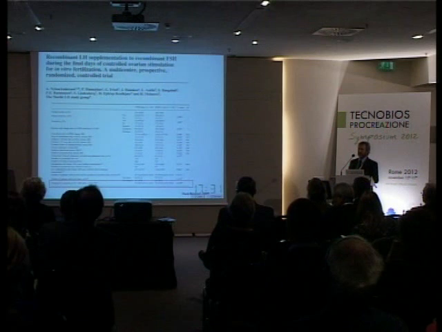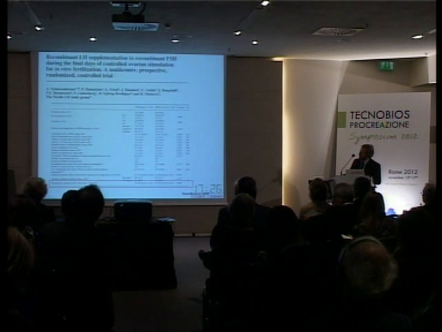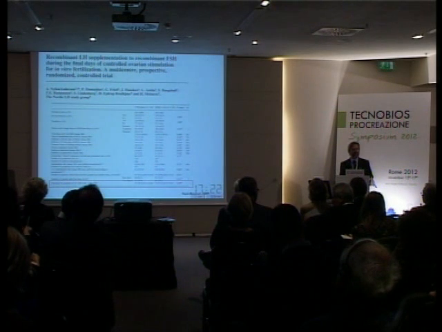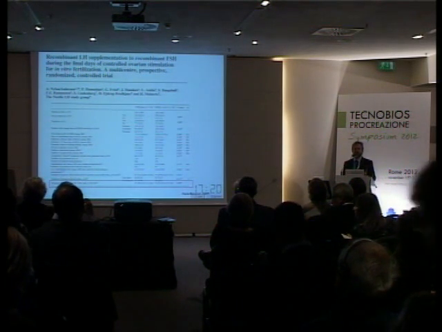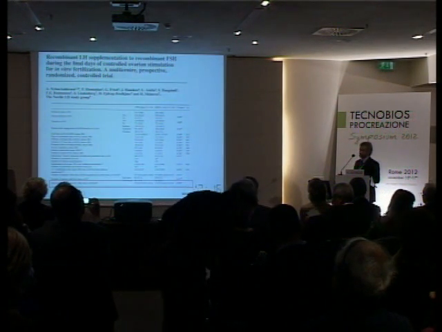Again, this large prospective randomized trial confirmed that, please just take in consideration the last line, that there is no difference in terms of live birth rate and ongoing pregnancy rate in patients supplemented with recombinant LH.